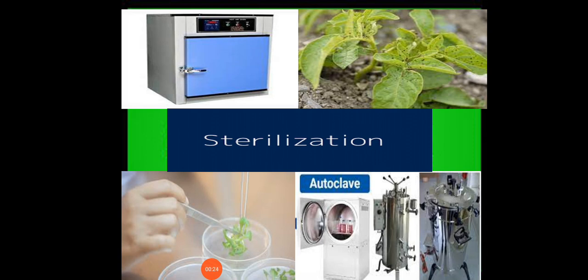So in this slide, you can view on the left corner the hot air oven, then down in the bottom we can see the plant material, surface sterilization, and autoclave.